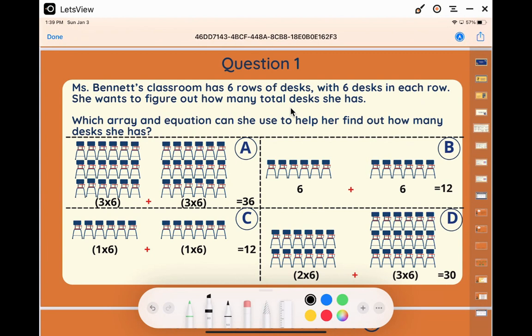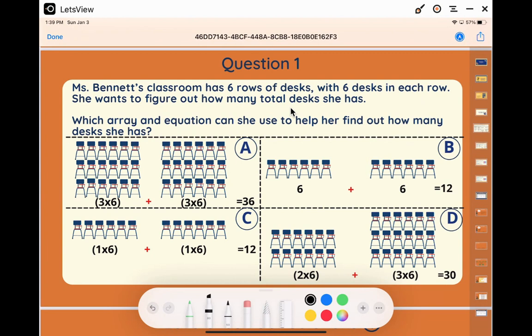I'm going to read it again. Miss Bennett's classroom has 6 rows of desks with 6 desks in each row. She wants to figure out how many total desks she has. Which array and equation can she use to help her find how many desks she has?